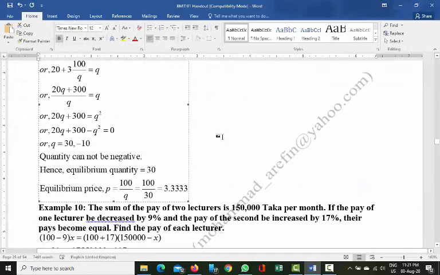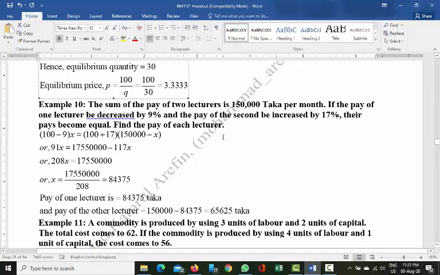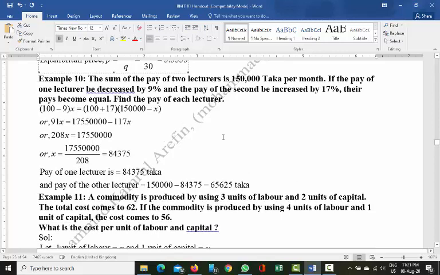Right, so now we will solve the next question. Question number 10. The sum of the pay of two lecturers is 150,000 taka per month.